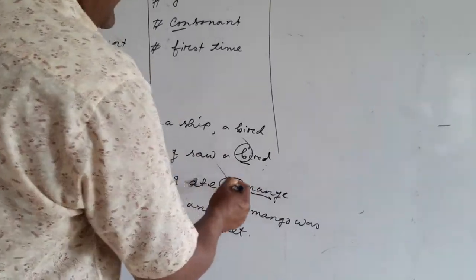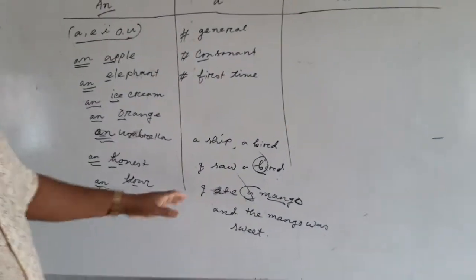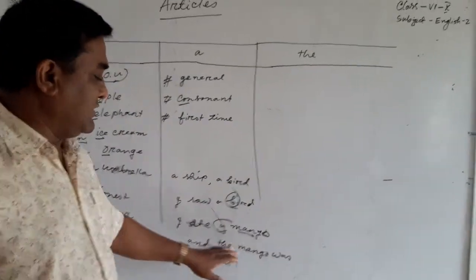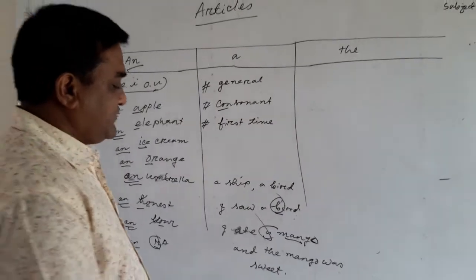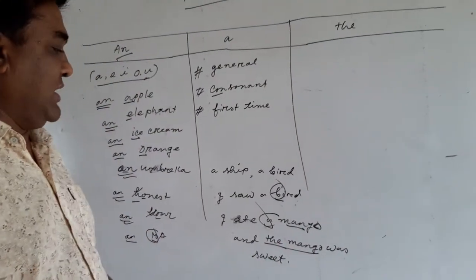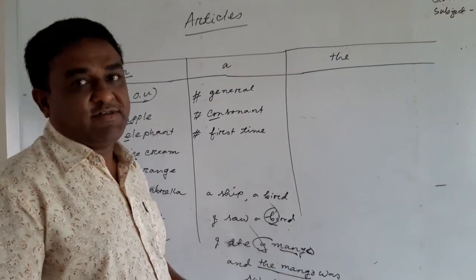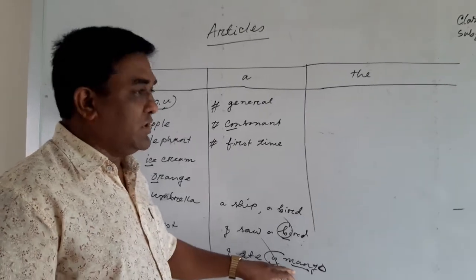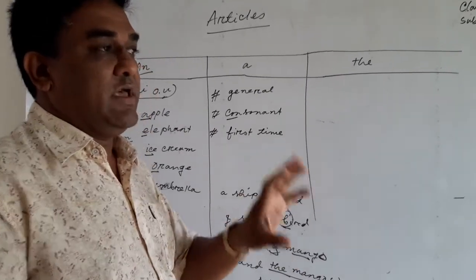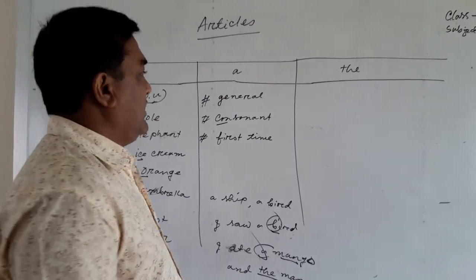Here, mango is mentioned for the first time. I ate a mango and the mango was sweet. Here the mango is mentioned for the second time, but there the mango is mentioned for the first time. When a word is used for the first time, then we take article A.